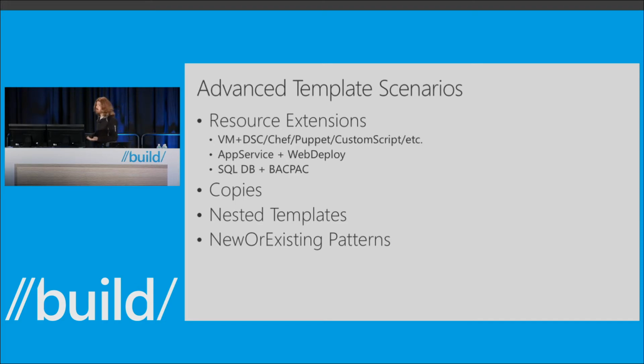And the answer is you don't, because those are imperative constructs rather than declarative constructs. However, we do have ways that you can provide information into the template such that it can either provision, for example, a new storage account or use an existing storage account, okay? And in fact, there's an example of new or existing for storage account out on that GitHub repository. We just don't have time to look at it today, all right?